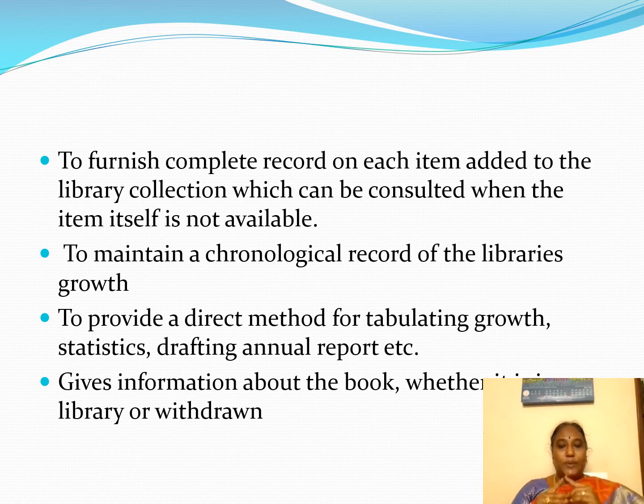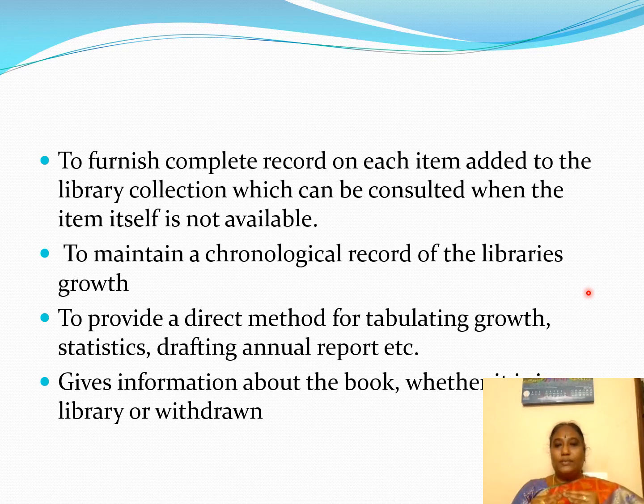The first important function of the library accession register is to furnish a complete record on each item added to the library collection, which can be consulted when the item itself is not available. So the basic function of the accession register is to provide a complete record of each item.